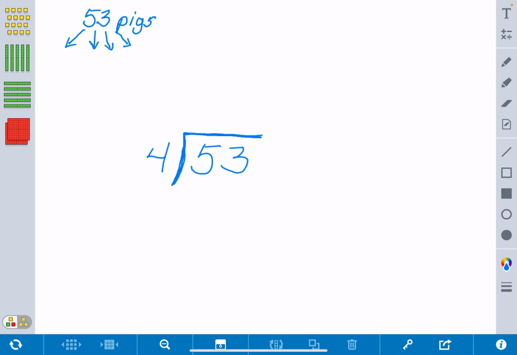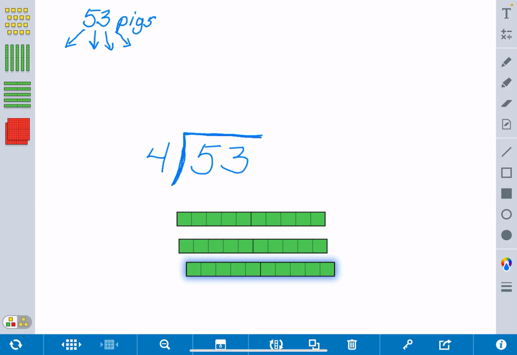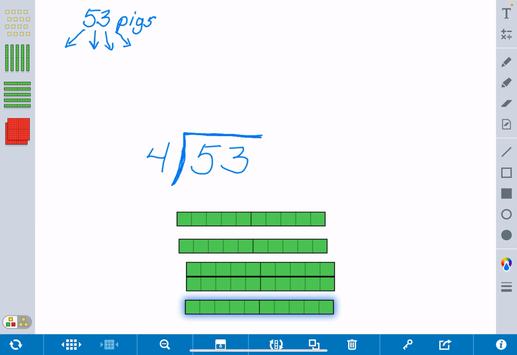So I'm going to start by modeling those 53 pigs. So here's 10, 20, 30, 40, 50, 1, 2, and 3. Okay, these blocks represent my 53 pigs, and I want to split them into 4 pens.